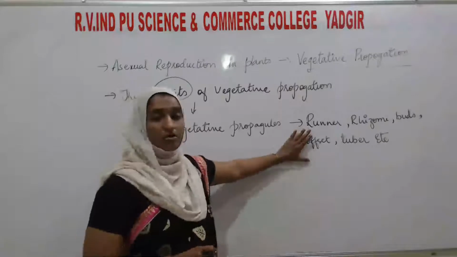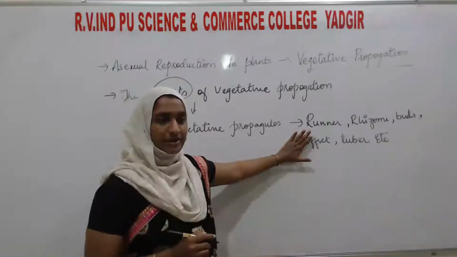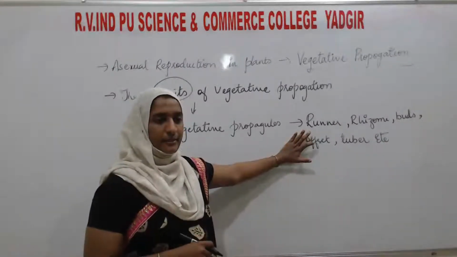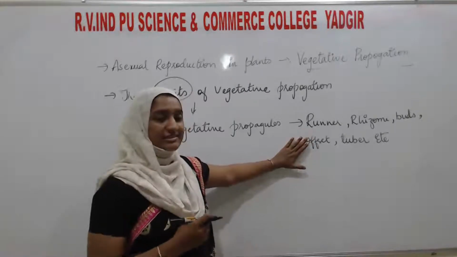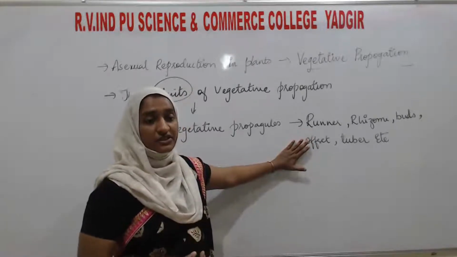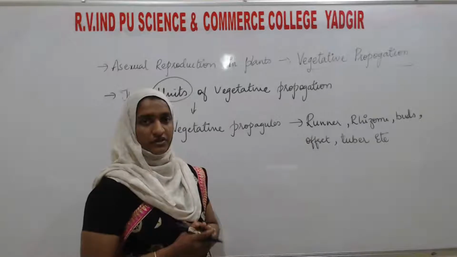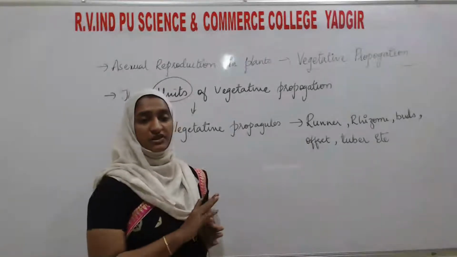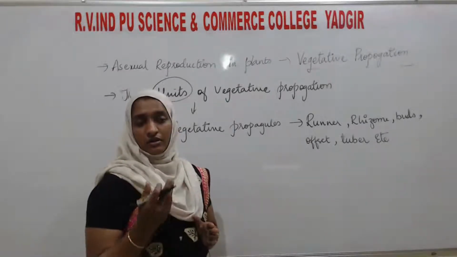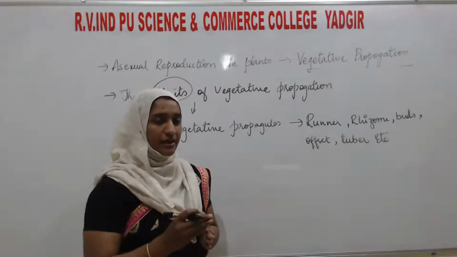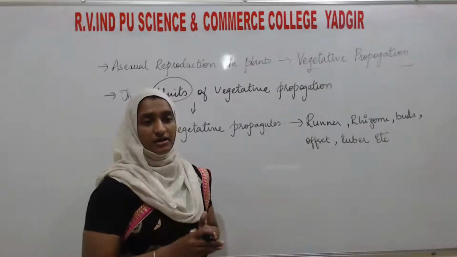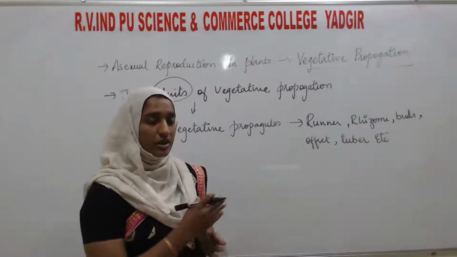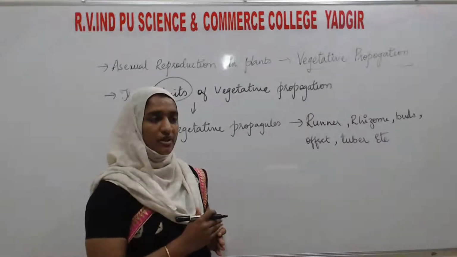These units have the capability of producing young ones. First of all, asexual reproduction means there is no involvement of any other parent. An individual parent body forms an offspring. How do plants form the offspring?